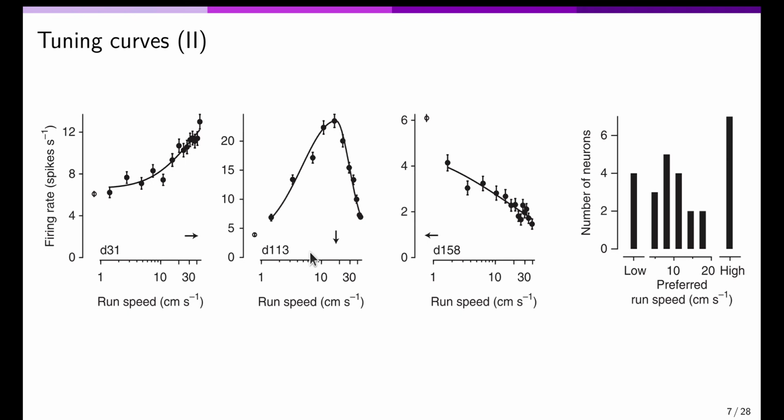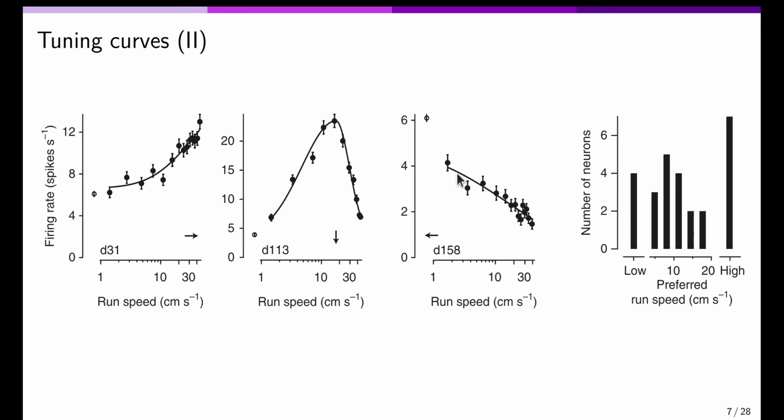To give another example of the variety of neurons we might see, here we're measuring 3 different neurons in the same brain area. In this particular case, these seem to be neurons that are sensitive to how fast the animal's running. That's what's varying across the x-axis. We've got this one neuron where it sits there, fires at some constant rate, and then as you're running faster and faster, the neuron fires more.